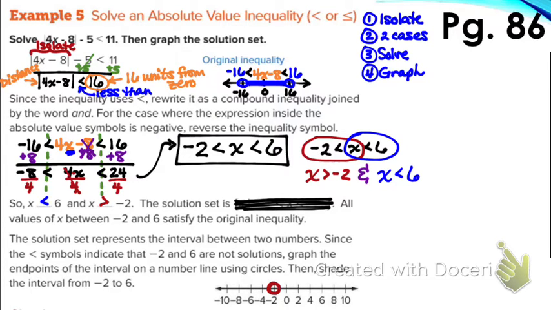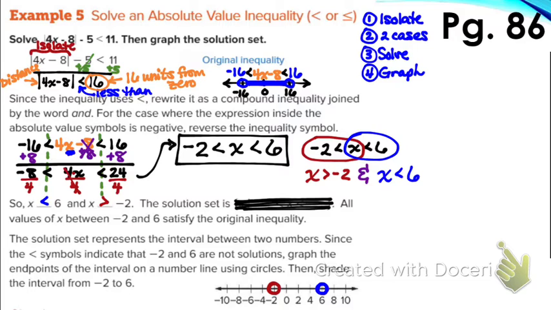Where else can I put a dot? At 6. Do I want this one to be open or filled in? Open. How do we know? I'm looking over here. This one does not have an or equal to with it, so I do not fill that dot in.